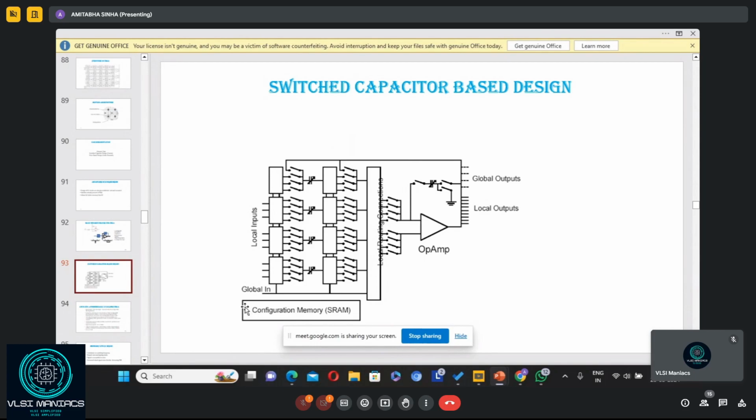Now there is a configuration memory within the FPAA. What is the task of the configuration memory? In fact, the configuration bit streams are stored in this memory. And this is a very fast memory made of SRAM, static random access memory.